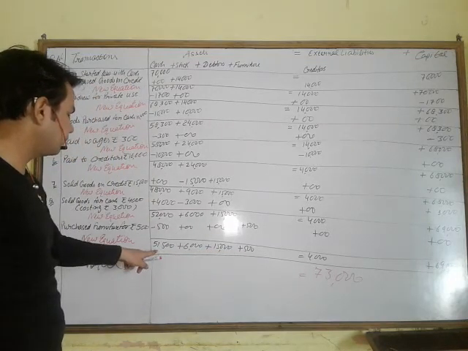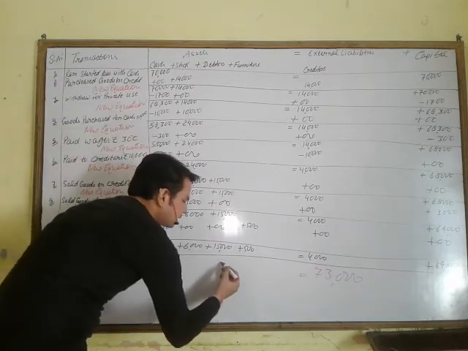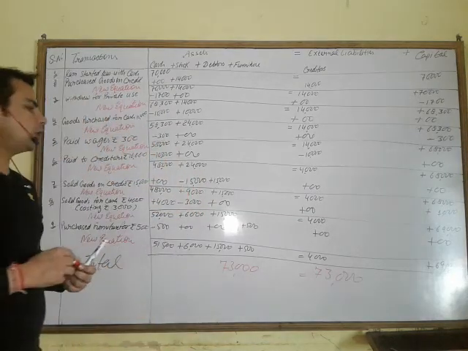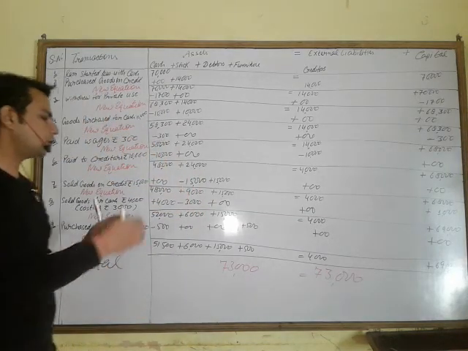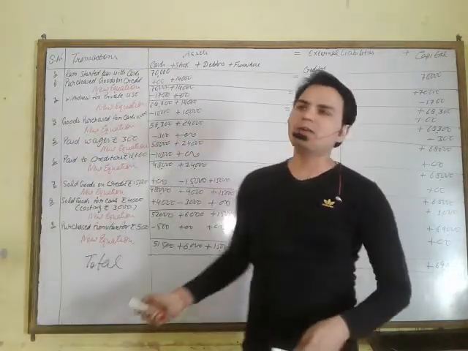Total of asset side is 73,000 also. Now we can say that the total of asset side matches with the total of liability side. It is the accounting equation.